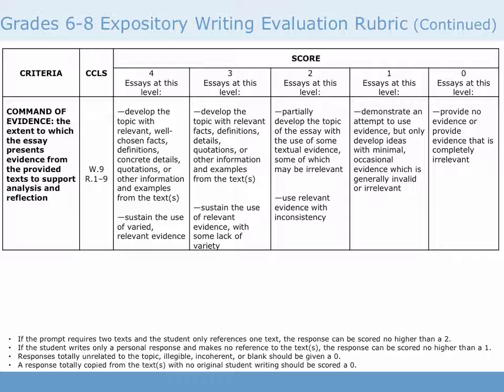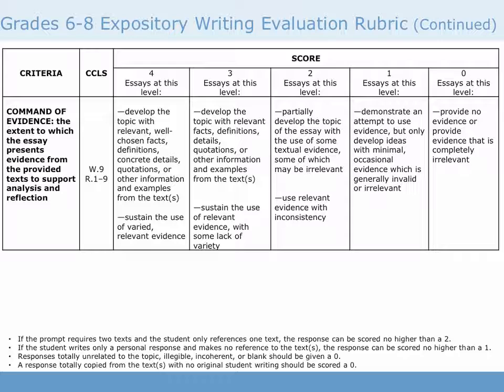At a 2, students partially develop the topic of the essay with the use of some textual evidence, some of which may be irrelevant. And at a Level 1, they demonstrate an attempt to use evidence, but only develop ideas with minimal, occasional evidence, which is generally invalid or irrelevant. Finally, at a Level 0, students provide no evidence or provide evidence that is completely irrelevant.